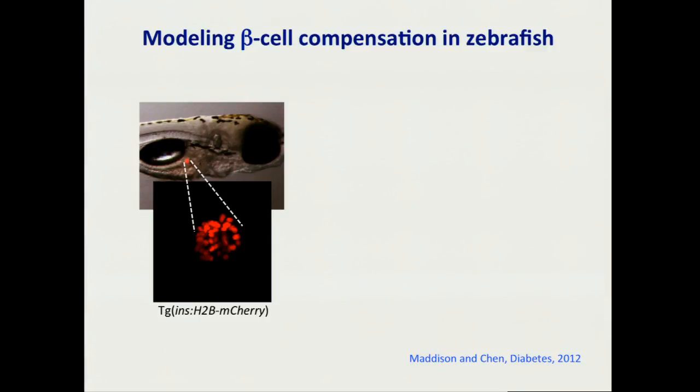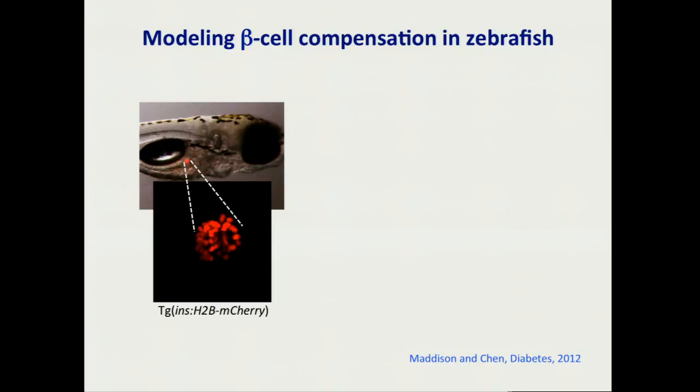We decided to use a nuclear-localized beta cell line, because the beta cells are clumped into a very small space, and if you use a cytoplasmic marker, it's very hard to distinguish one from another. The advantage of using larvae is that there is only one islet at this stage, and they're very easy to count, because there are about 30 to 35 beta cells.